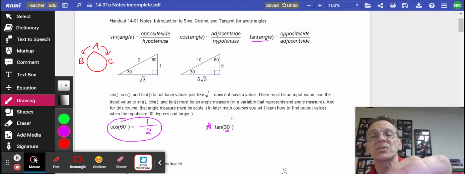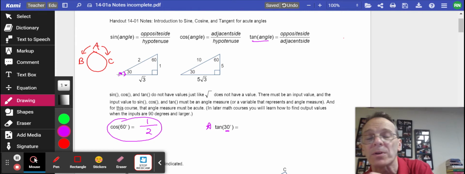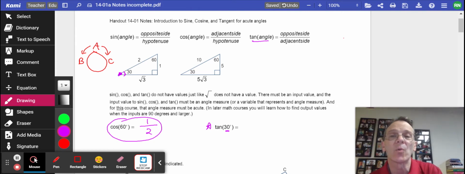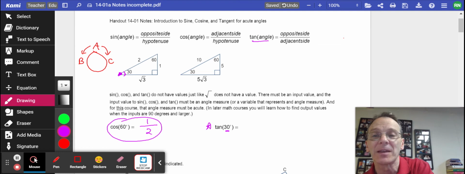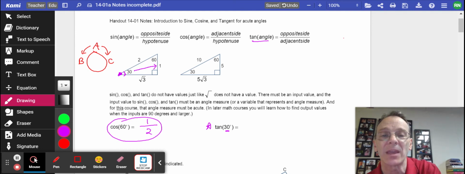So we want to position ourselves at the vertex of the 30-degree angle, right down there in that corner, okay? So which side is the opposite side? The one that is most removed or farthest away from that 30-degree angle. It's the one that you would get to by running through the center of the triangle across to the opposite side. That would be a 1.